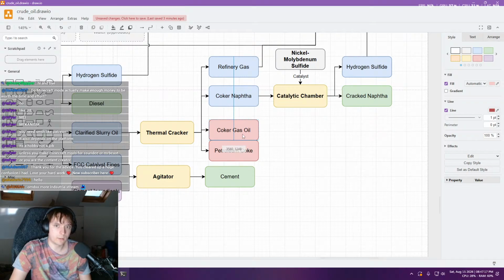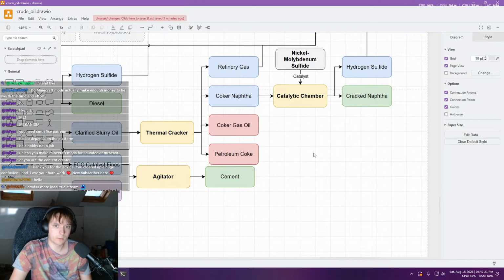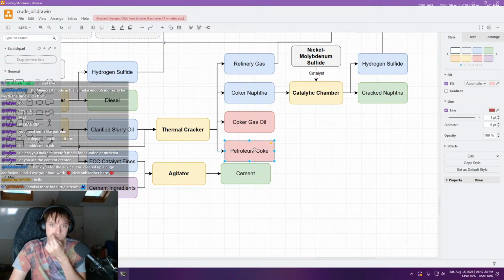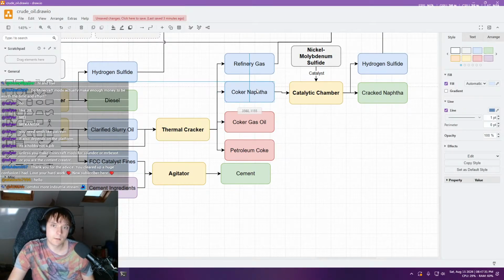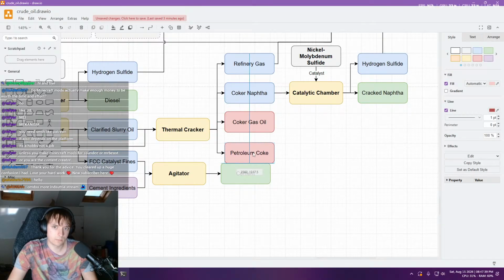Kind of line this up with something like that. I can't. Whatever.